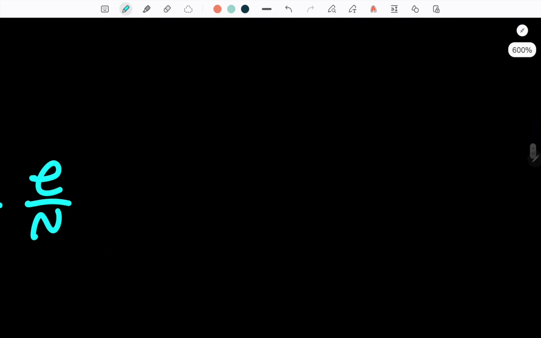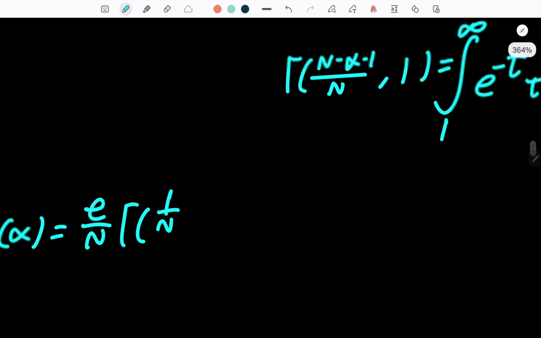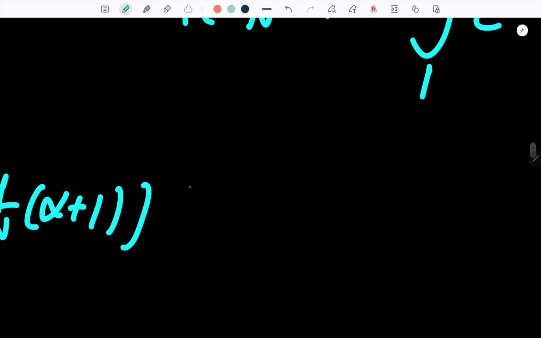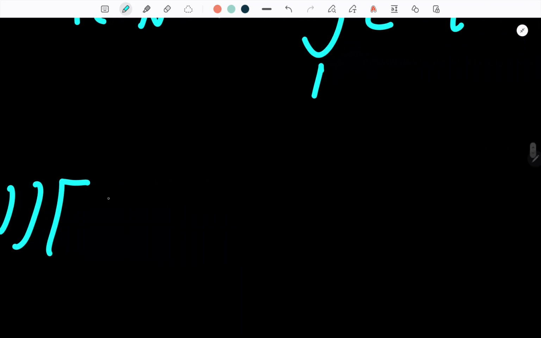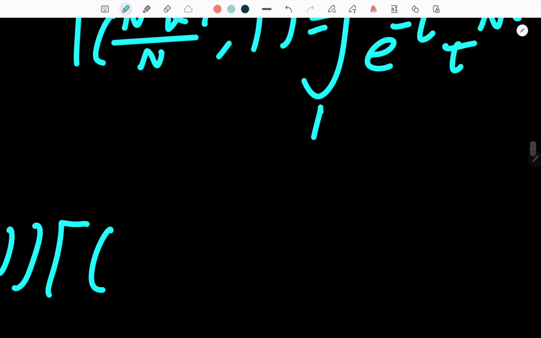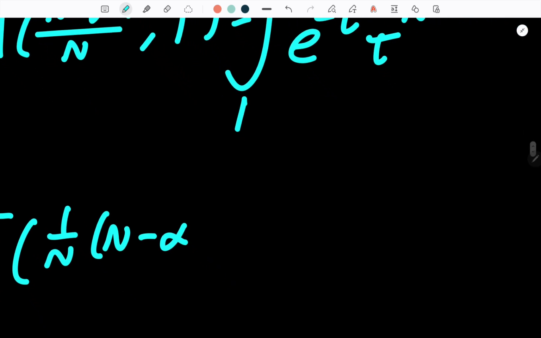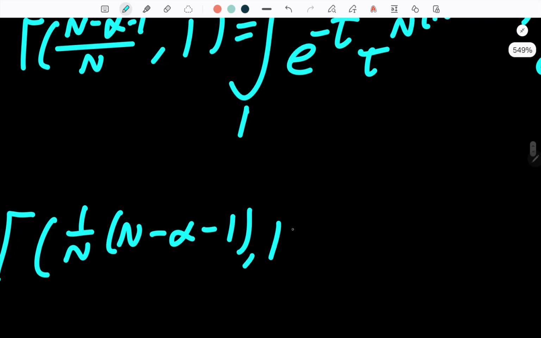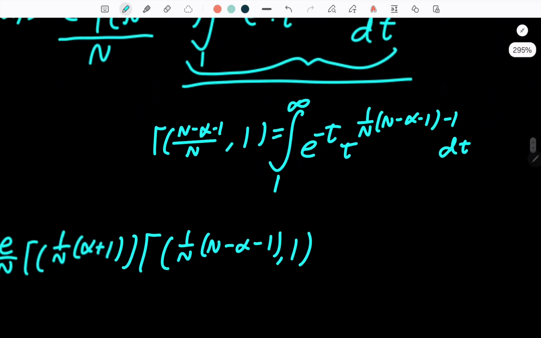Yes, e over n times gamma of 1 over n times alpha plus 1 times the incomplete gamma function of 1 over n times n minus alpha minus 1. No, comma 1, and there we go.